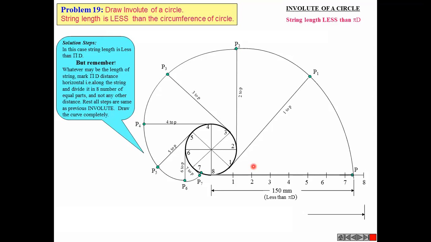That is, p stands for actual point, actual end of the string. Then put your compass on point 1 on circle, then mark on that tangent. Similarly, 2 to p, put your compass on point 2, mark on tangent of that. Likewise, you complete all markings, and ultimately you get the collection of points which you need to join by smooth curve.